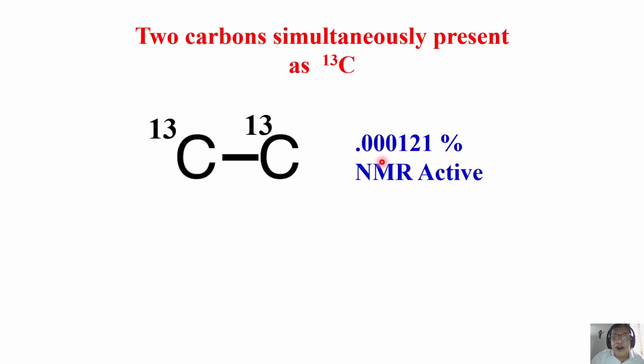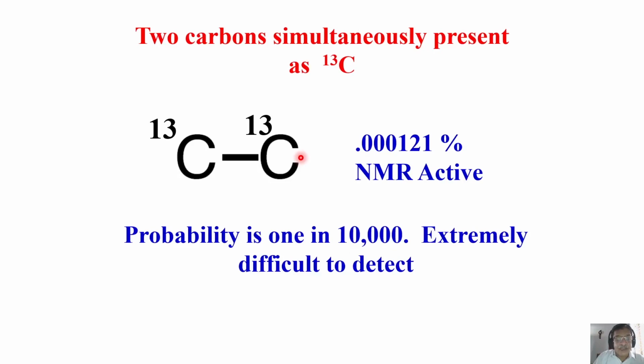So this is 0.01%. In 100 molecules, the probability of seeing this is almost 0. You will not see that. Although NMR active, you will not see that. So the probability is 1 in 10,000. Extremely difficult to detect molecules, isotopomers with both carbons in the carbon 13 state.